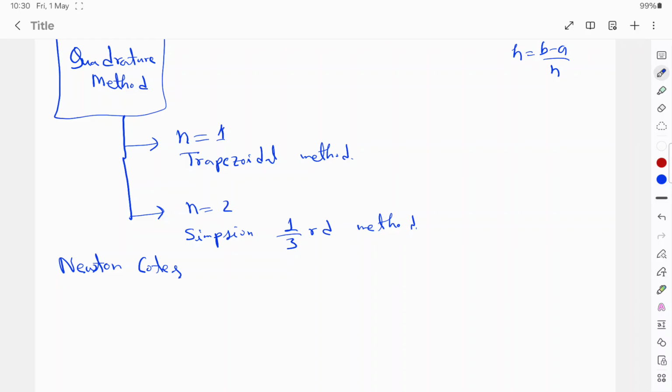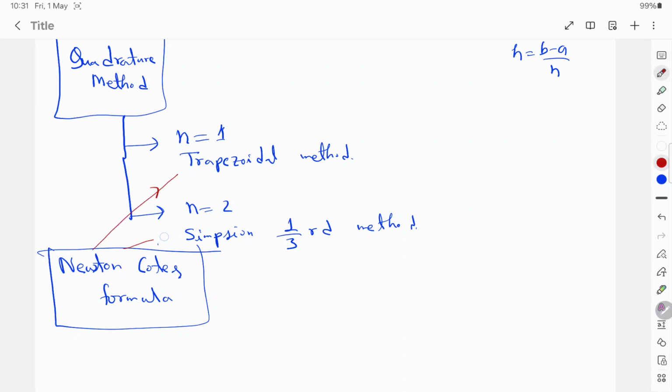Yeah, so first we will cover this one, Newton Cotes formula. This is a different formula. Whenever you learn this, from this formula you can also generate the formulas for trapezoidal and Simpson 1/3. So you can generate these again from here.